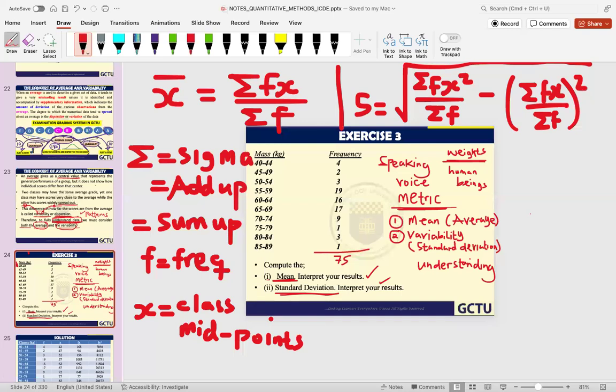So this is the formula you use. If you are looking at the two, the variables you are seeing are f and x. So that's what we need to do from our table.